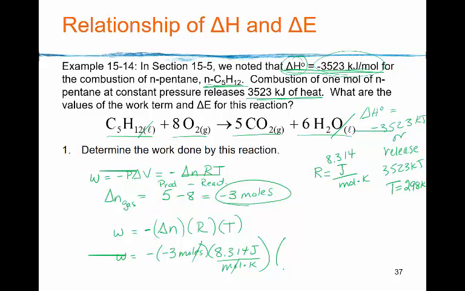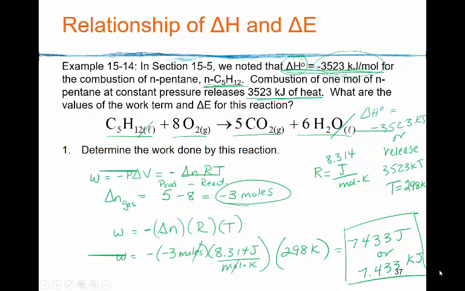K times 298 K. We know that because it's at standard temperature. That will come out to 7433 joules or 7.433 kilojoules. Either of those would be correct. So that's the amount of work done by that reaction.